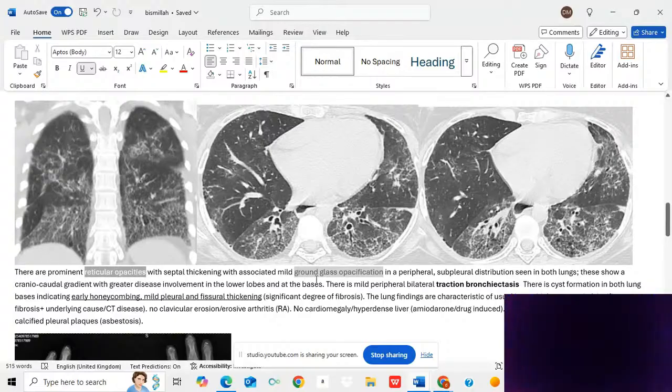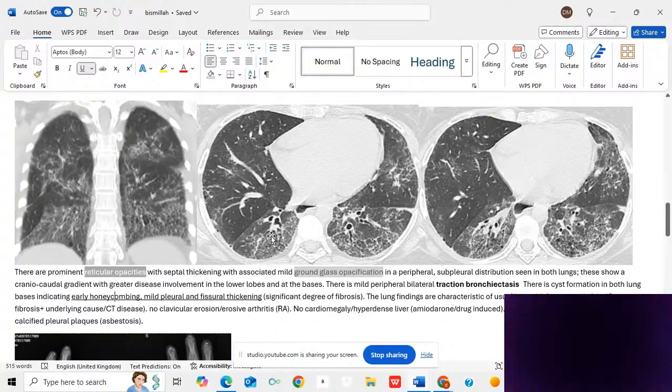With ground glass opacification. Inside these reticular opacities, you will feel that there is a kind of ground glass opacification. The ground glass opacification is brighter than the normal lung. This is the normal lung. This is the brighter, more grayish lung.